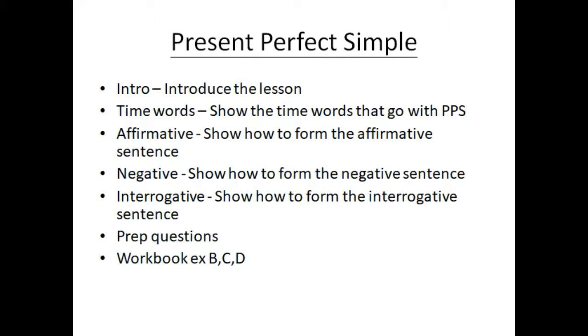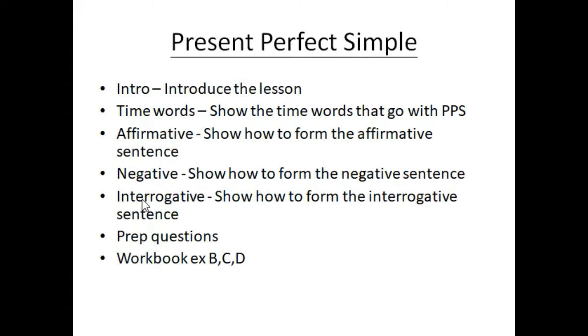So we start with the lesson plan, and Kate used to show me her lesson plan, and it looks something like this. She would put down the topic, and then she would have an intro, and she would just write introduce the lesson, and then time words, and then show the time words that go with present perfect simple, and then she would do the affirmative form of the sentence and show how to form the affirmative sentence, and then she would do the negative form of the sentence and she would show the students how to form the negative.